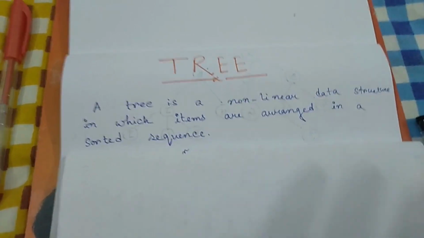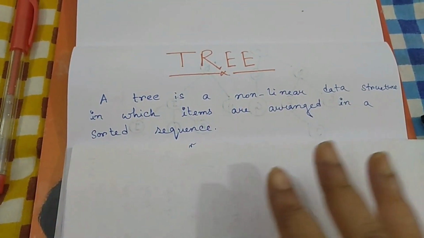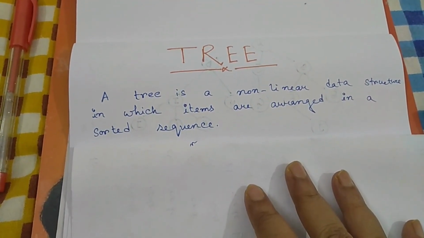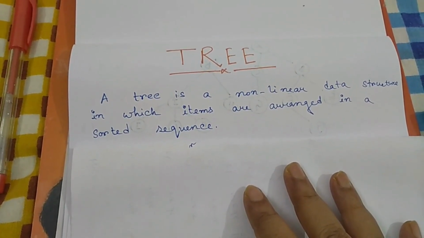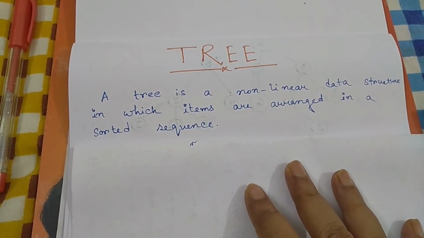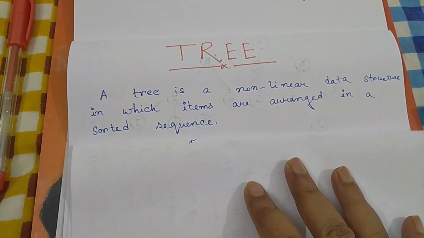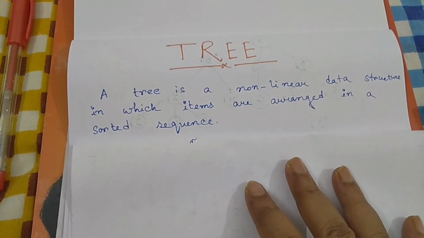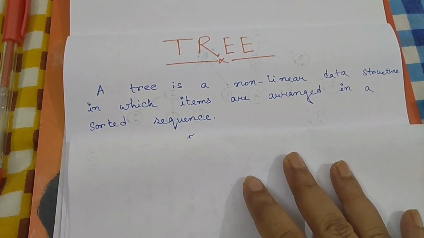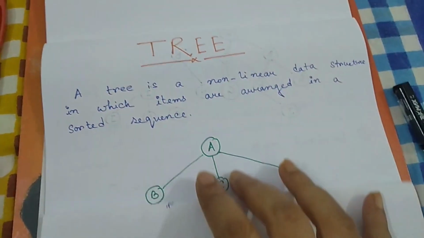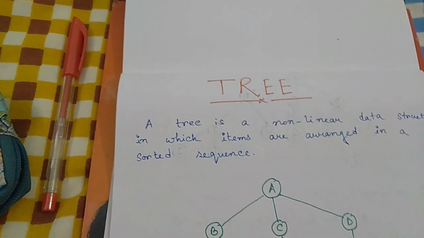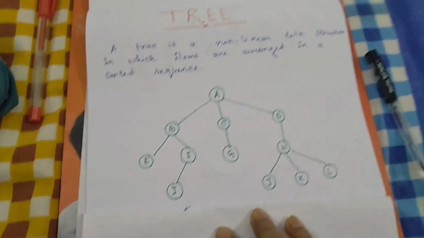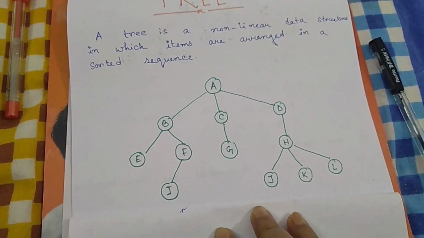Basically, a tree is a non-linear data structure in which items are arranged in a sorted sequence. Now, here we consider a tree diagram. Okay. This is the structure of a tree.